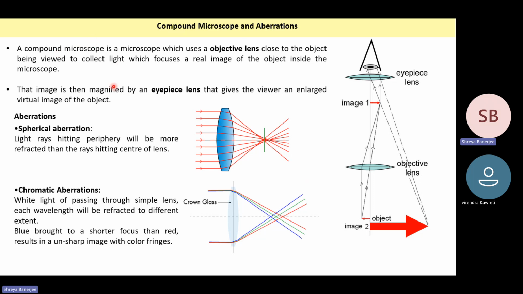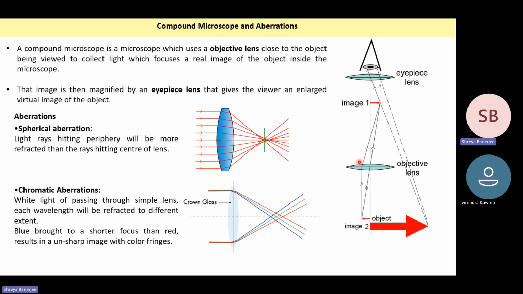Now, a more complex version of the light microscope is the compound microscope, which uses an objective lens close to the object being viewed to collect light, which focuses a real image of the object inside the microscope. So let us look at this basic instrumentation of the compound microscope. So you have an object here, two beams of light. They are coming from some light source behind the object. They are passing through this objective lens and they are getting focused here. So here you have a direct image formed.